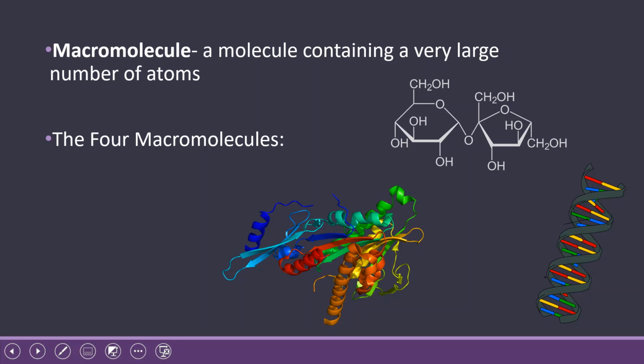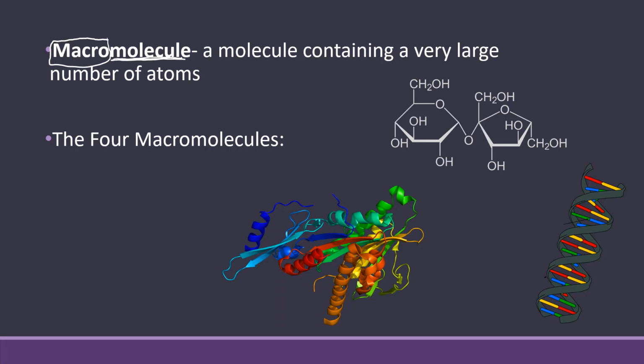The organic molecules that we're going to look at in particular are typically going to be macromolecules. A molecule, we know, is where we have 2 or more atoms bonded together. But then we have this first part, macro. Macro just means large, very large or very big.